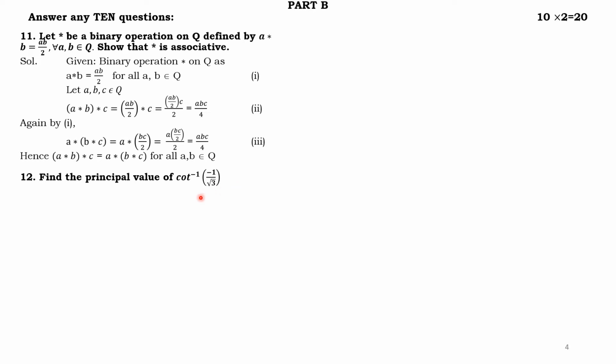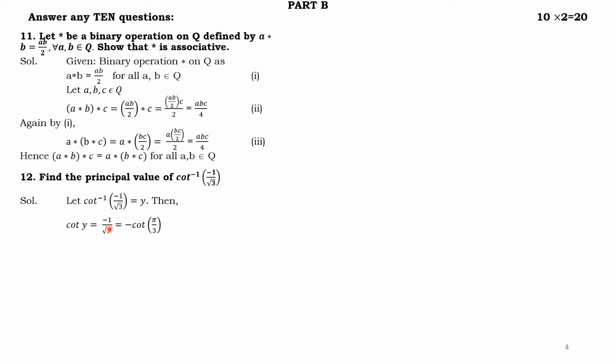Question number 12. Find the principal value of cot inverse of minus 1 by root 3. Therefore, let cot inverse of within brackets minus 1 over root 3 be equal to y. Then cot y is equal to minus 1 by root 3.